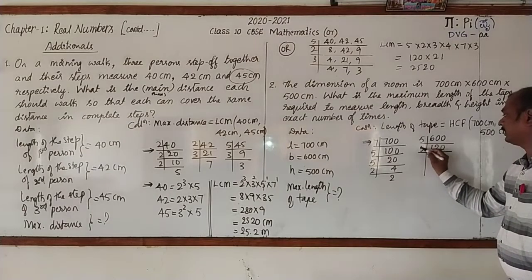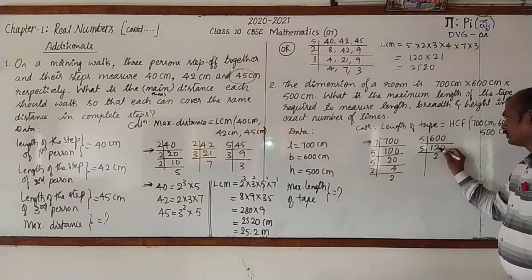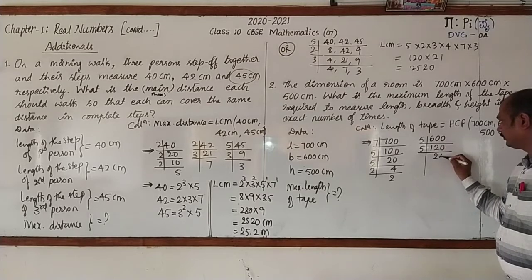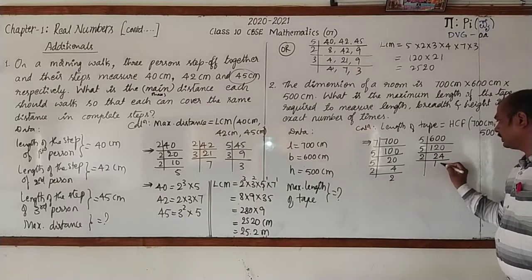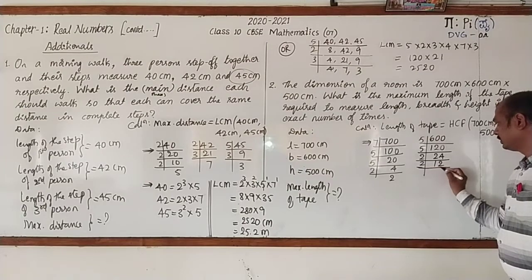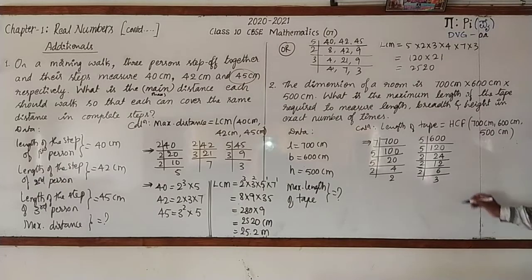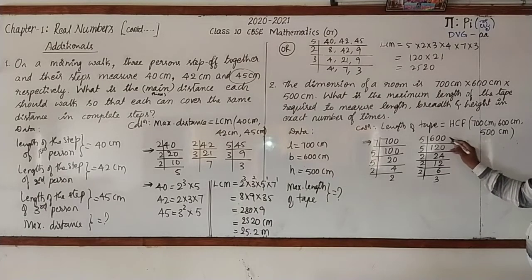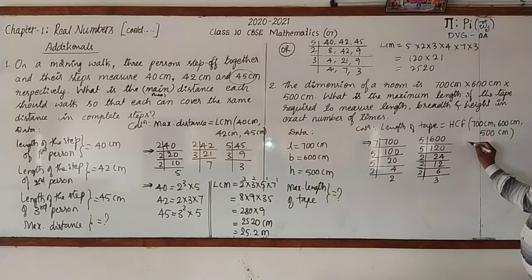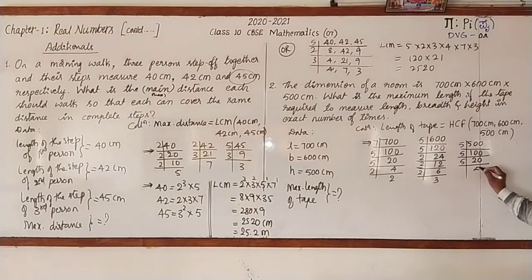Then again 5 2s are 10. 2 2s are 4. Now 2 1s are 2. 2 6s are 12. Then 2 3s are 6. Clear? Next one more. What is that? 500. Which number can be taken? 5. 5 hundreds, then 5 2s are 10, 5 4s are 20, 2 2s.